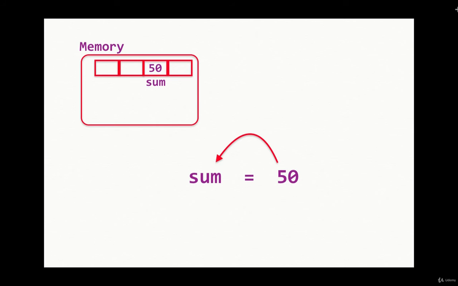So when I make a variable and assign some number to it, it stores that number in a random block of memory of its choice and names that memory location as the variable name. So in this example, where I have assigned number 50 to variable sum, it will store 50 in some random block of memory and name it sum, as you can see in the memory block.